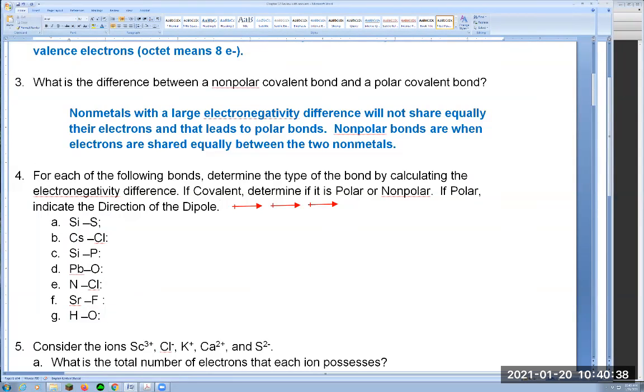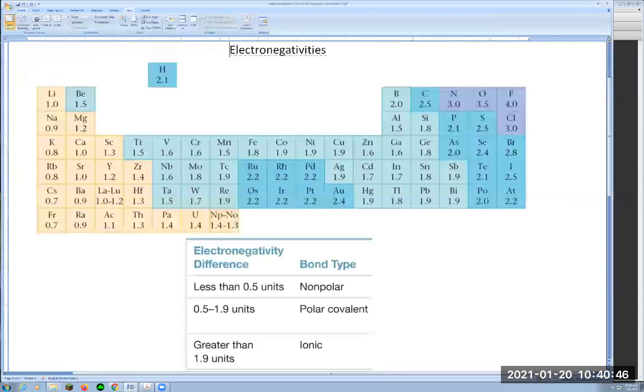So let's start with silicon and sulfur, SiS, when silicon is bonded to sulfur. We need to go to the electronegativity table and find the value of silicon and then the one for sulfur. Silicon is 1.8, sulfur is 2.5. You always do the larger value minus the smaller value.